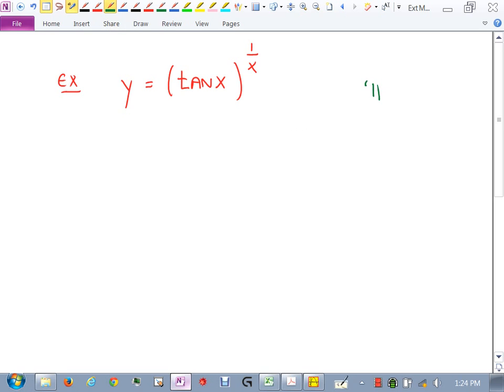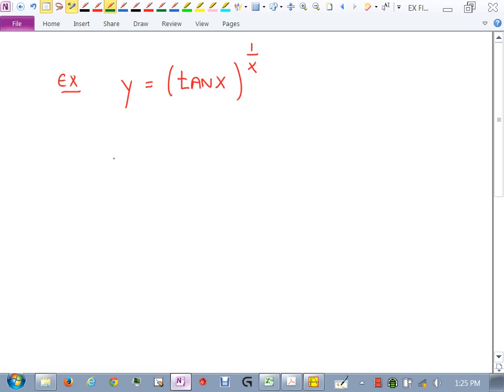If I had, like, pi raised to the 1 over x, would I use logarithmic differentiation? No, this is like an a to the x. This you would use exponential. You would not employ this method because the base doesn't have x in it. Understand? So it's the fact that I see the base and the exponent both have x's that I am going to think logarithmic differentiation.